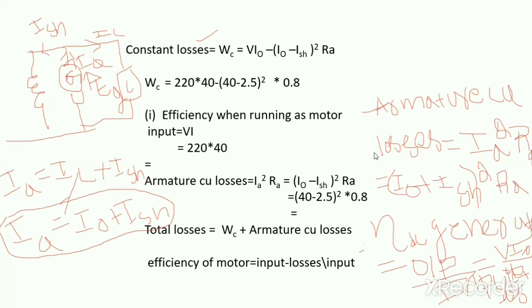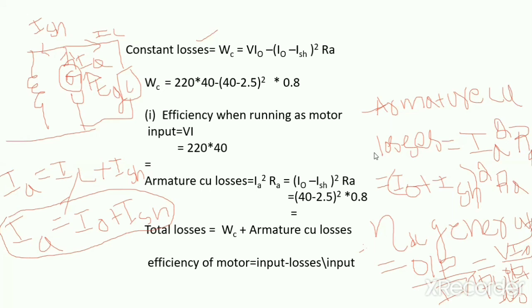By using Swinburne's test, first we calculate the constant losses. After that, as a motor, we calculate the input voltage and the total losses. What is the formula for total losses? Armature copper losses plus constant losses. How many types of losses are there in a motor or a generator?